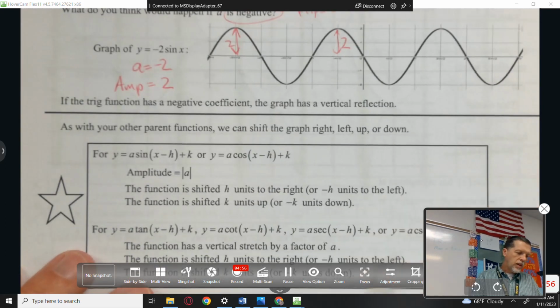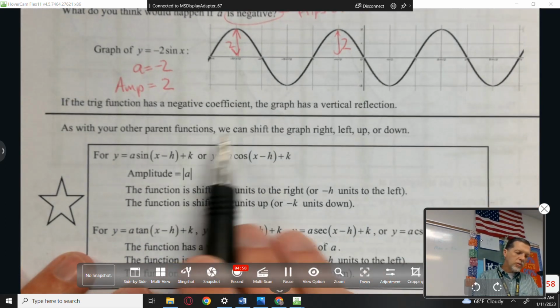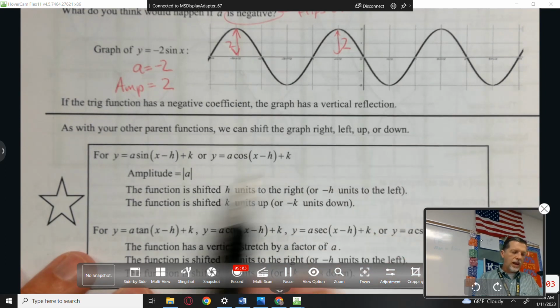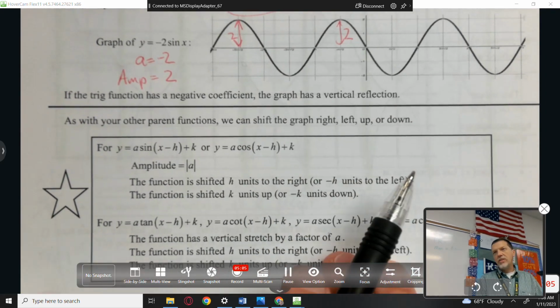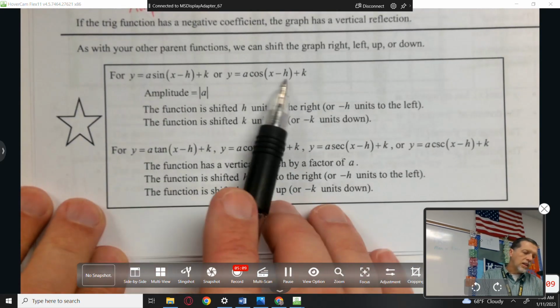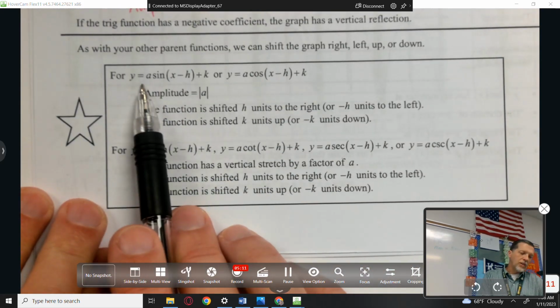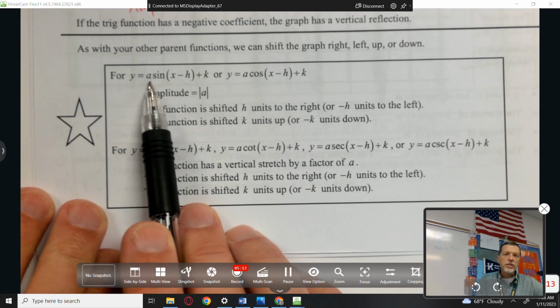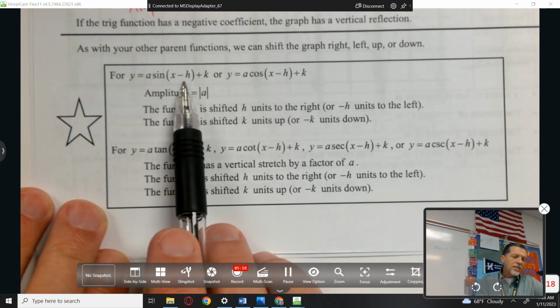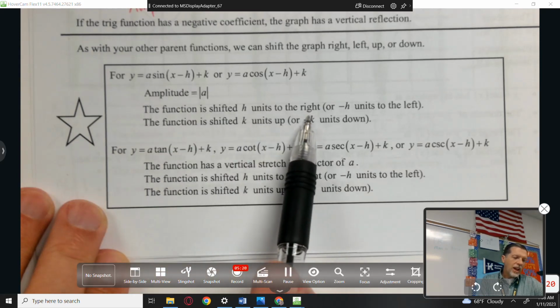As with other parent functions, we can shift the graph right or left, up or down. And it works the same way as all the previous transformations. So this looks complicated, but we kind of know all the pieces already. A controls the amplitude. If it's minus h, that shifted h to the right.